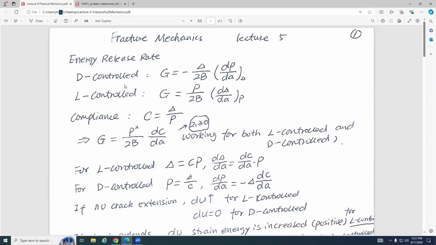So here you can see for displacement control, my displacement remains constant, but what is changed? P. If the crack grows, the P will be changing also. Why?